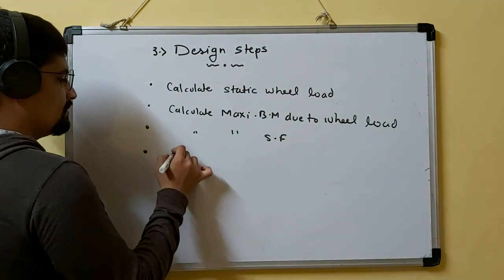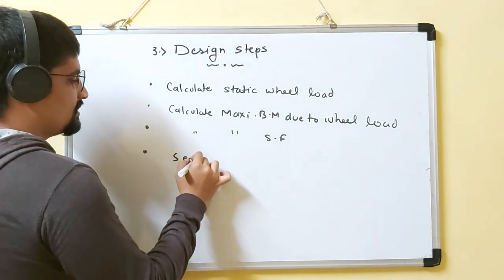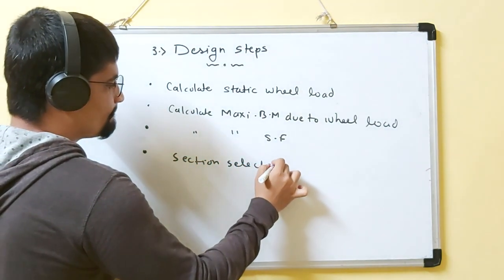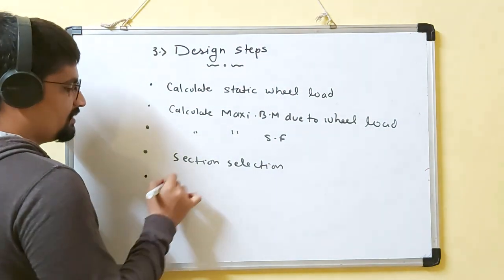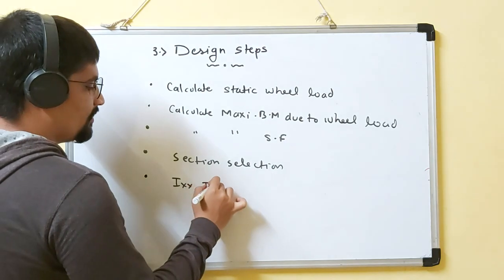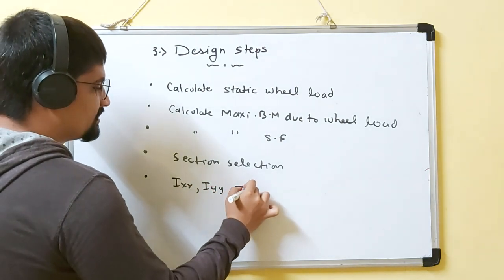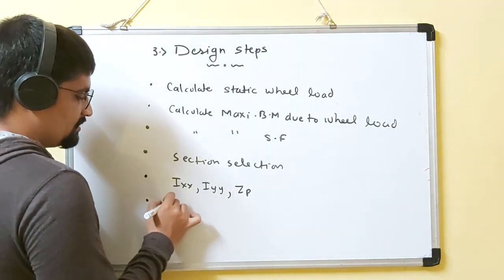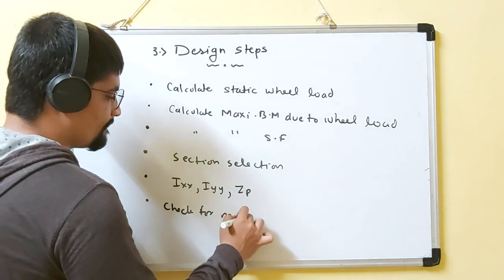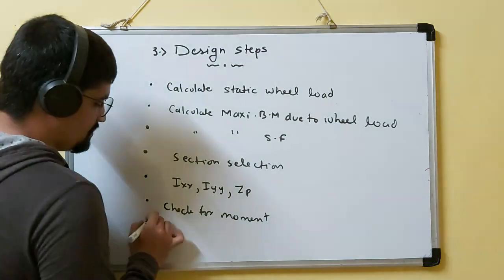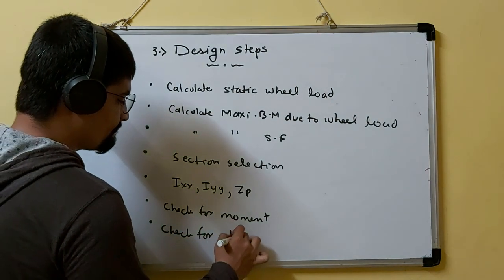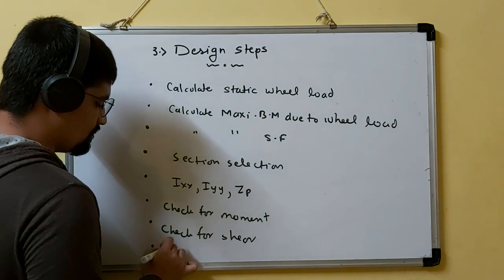Fourth one is section selection. Fifth one is calculate the IXX, IYY and plastic section modulus. Check for moment, check for shear and welding.